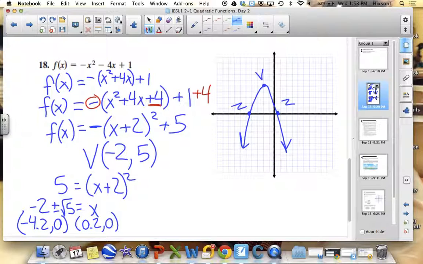Any questions about what we've done there? Okay. How do I know my zeros make sense at least? It's opening downwards, so I know I should have zeros.